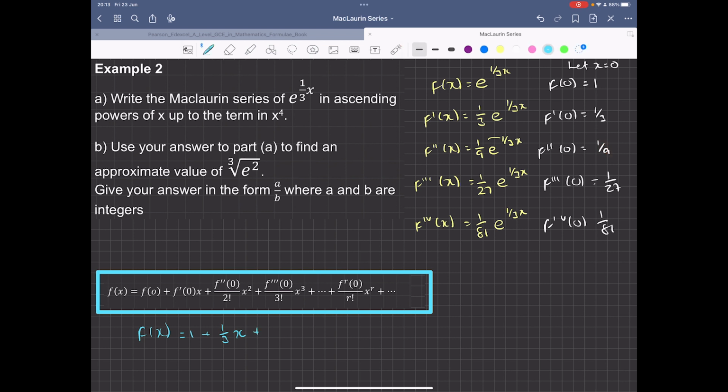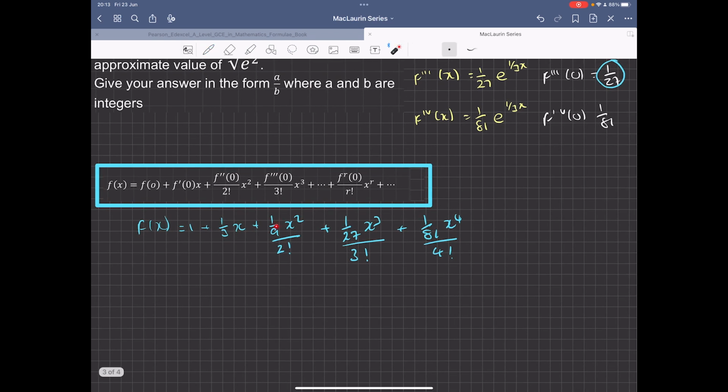So we'll say 1/9 of x squared over 2 factorial. The next one will be 1/27 x cubed over 3 factorial. And then we'll get 1/81 x to the 4 over 4 factorial.